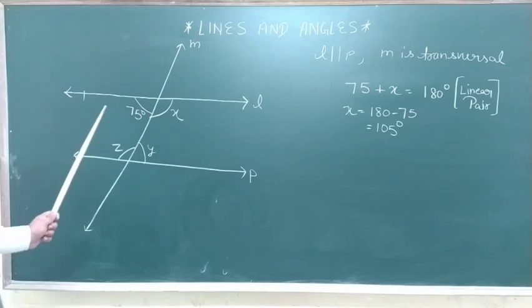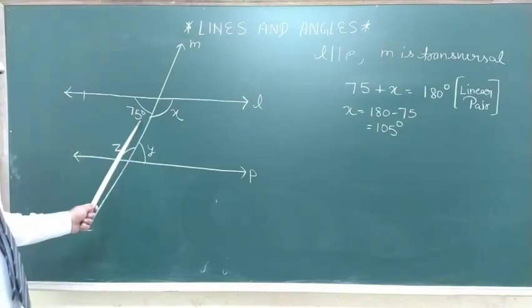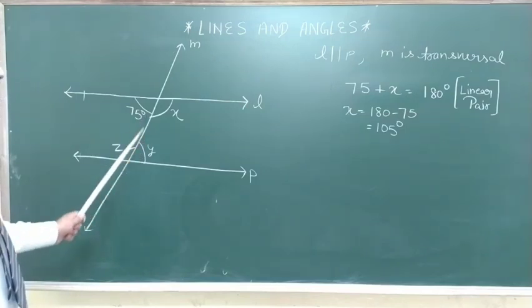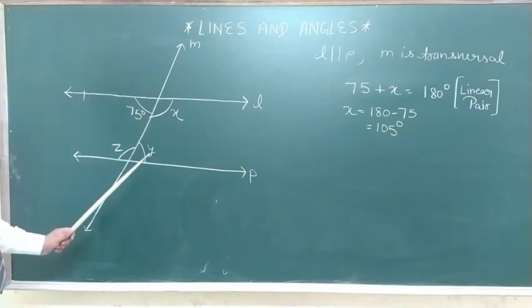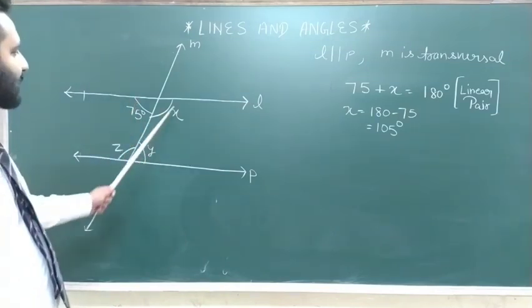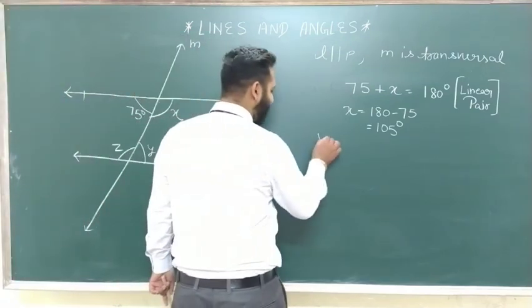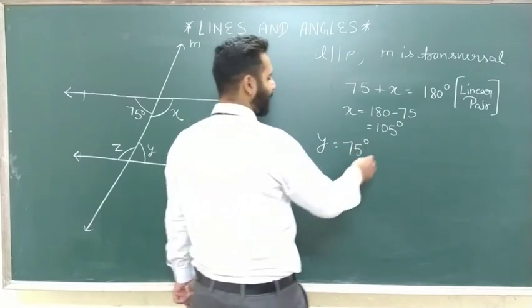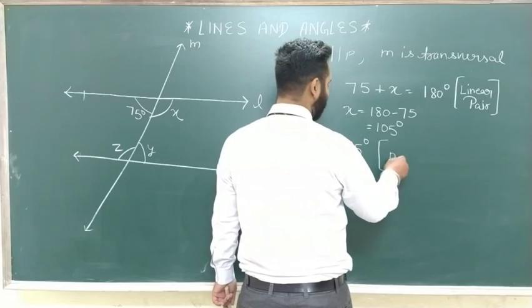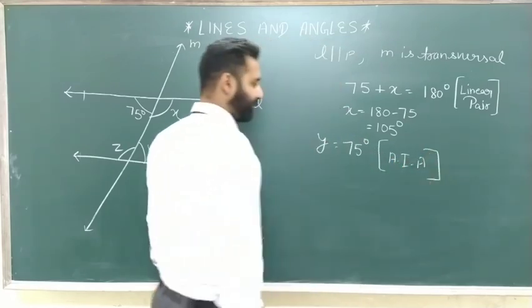Now if you see 75 and Y, they are alternate interior angles. See, one is on the left-hand side of the transversal, the second is on the right-hand side of the transversal, and both are inside the parallel lines. So we can say Y is equal to 75 degrees. What reason will I give? Alternate interior angles.